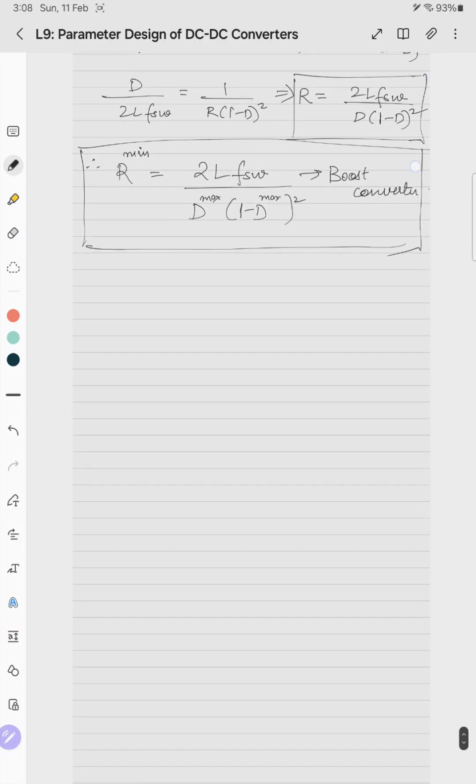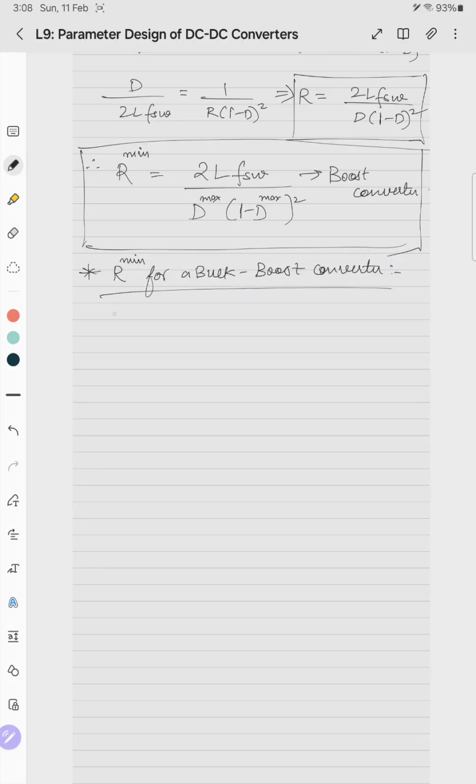So for a buck boost, how to derive? Simple. Capital IL is delta IL by 2. Now you write capital IL in terms of this.